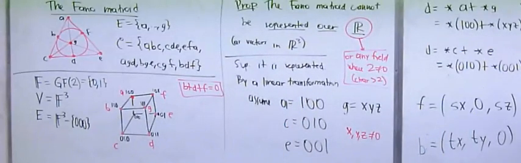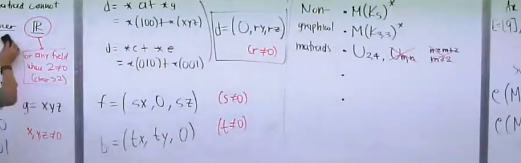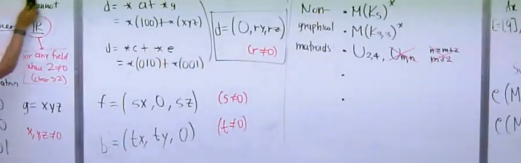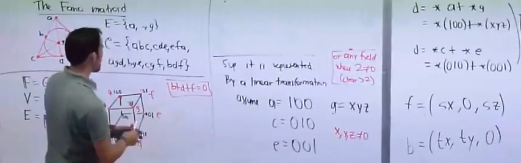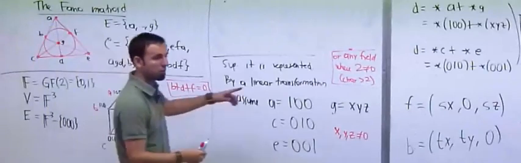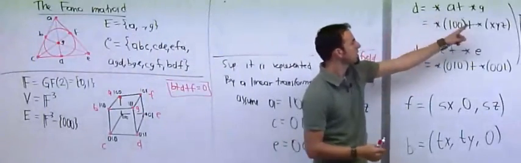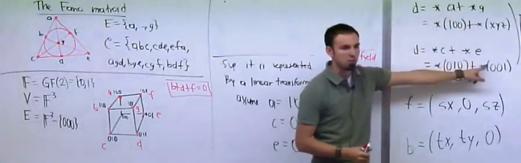And again, T is not 0. Okay? So what have I done so far? Well, I already took care of 6 circuits, right? This is the circuit DAG and the circuit DCE.